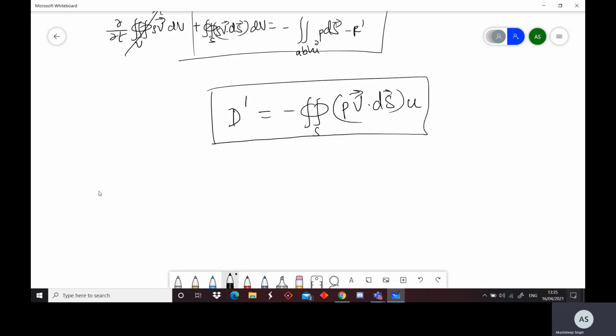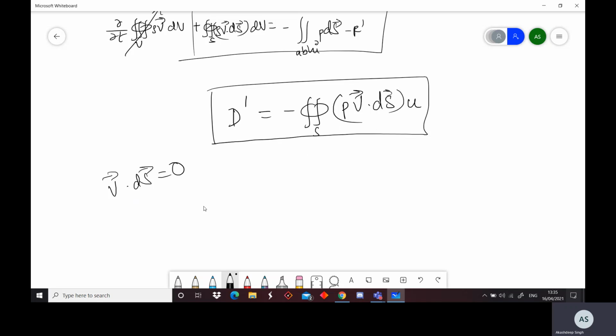The third step is that we know AB, HI, DEF are streamlines of the flow. By definition, V is parallel to the streamlines, and dS is perpendicular to the control surface. So V and dS are perpendicular vectors, and their dot product is equal to 0. As a result, for AB, HI and DEF, the integral is equal to 0.